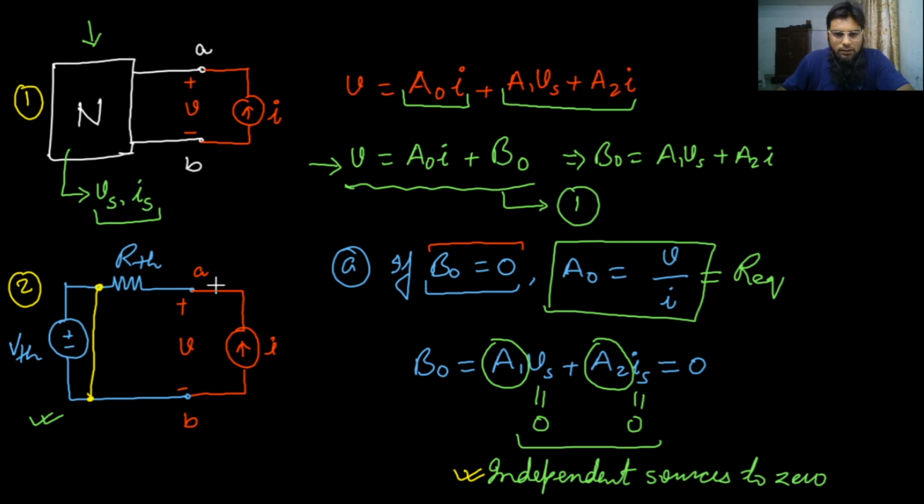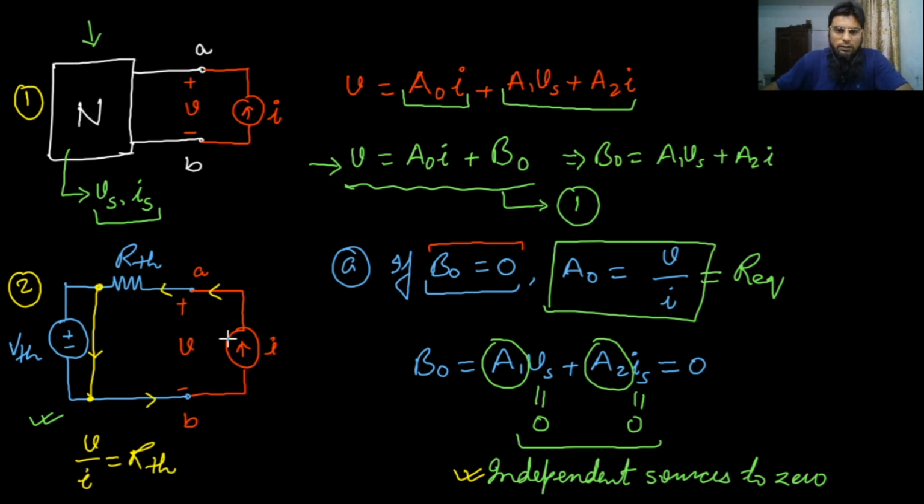Now you can see this current will flow through this path like this, and the resistance offered by the network will only be equal to RTH, or we can say the ratio V by I in this case will be equal to RTH.